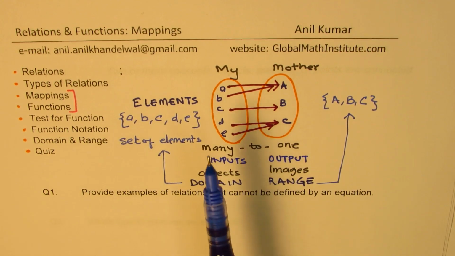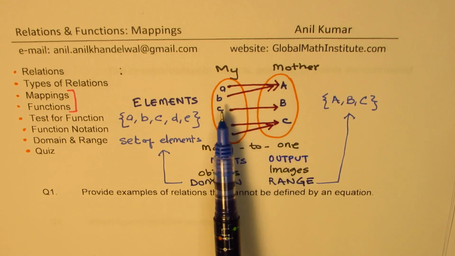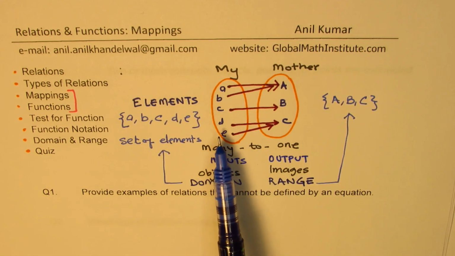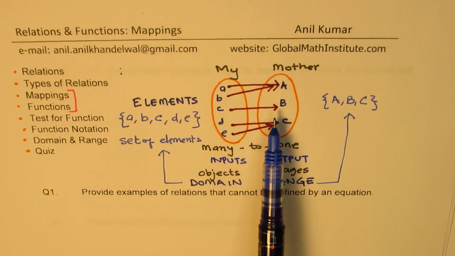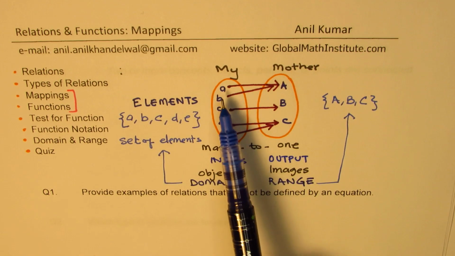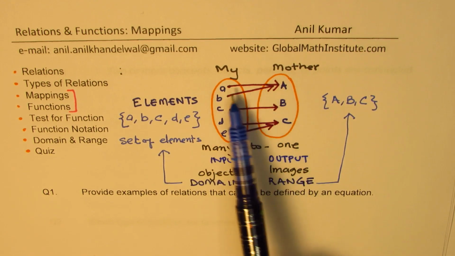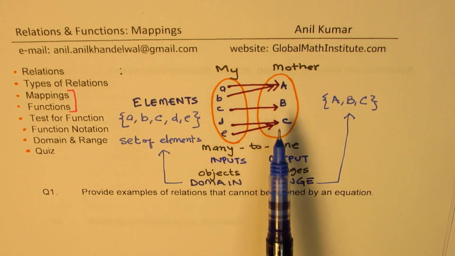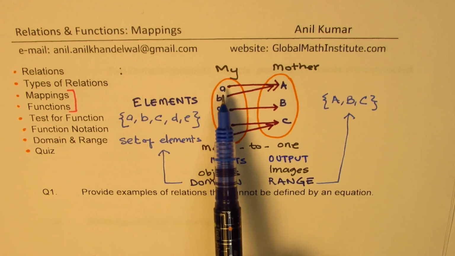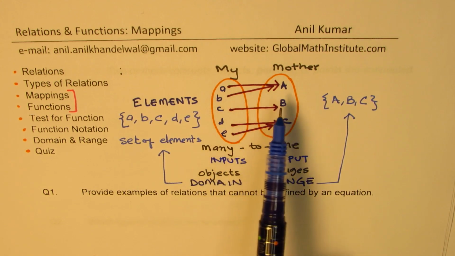Now, in this particular mapping diagram, what we see is that every element in the domain has a unique association, right? There could be more elements associated with one, right? So more inputs can be linked with one output. However, any input is not linked with more than one, right?